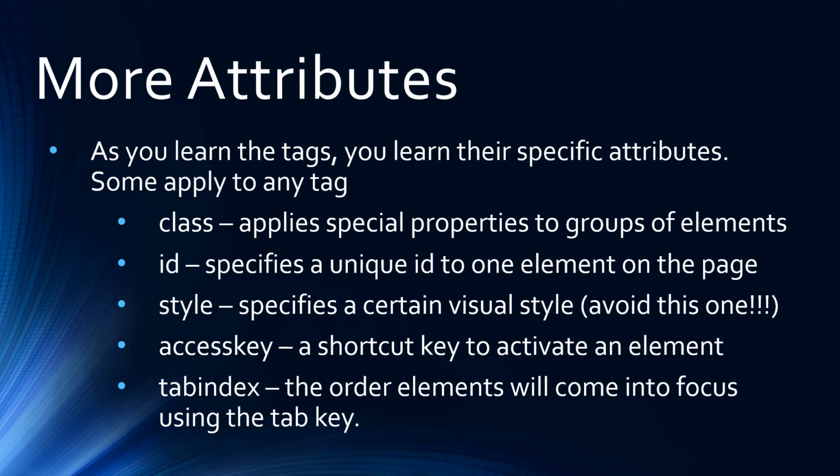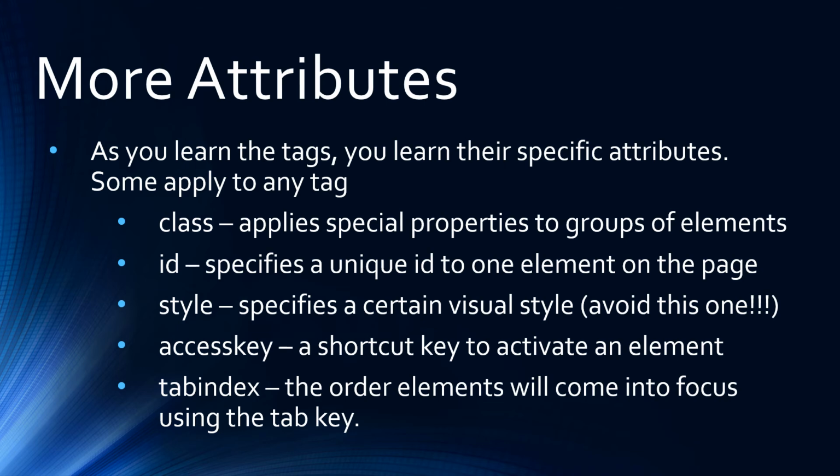As you learn more tags, you're going to learn that they have specific attributes. It makes no sense for an image to also include some sort of href. It makes no sense for a link to include other attributes. But there are some that apply to many of the tags, so we just want to mention them to you quickly, and we'll come back to them later in the class.